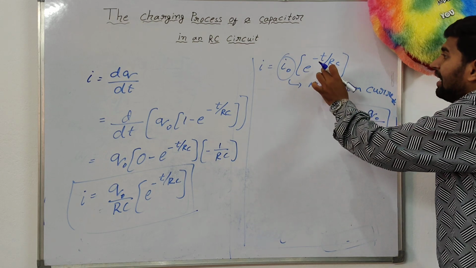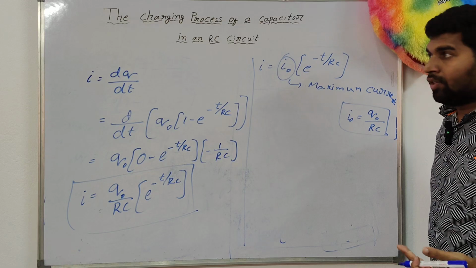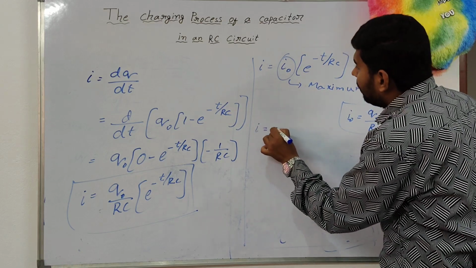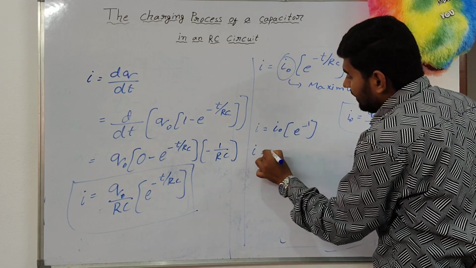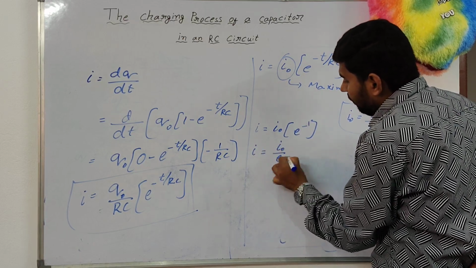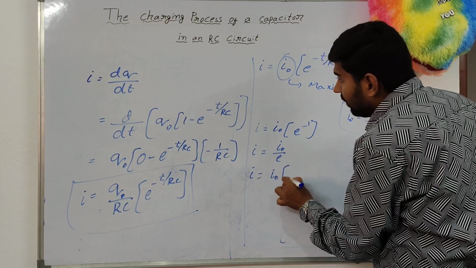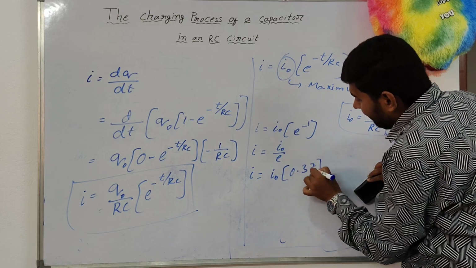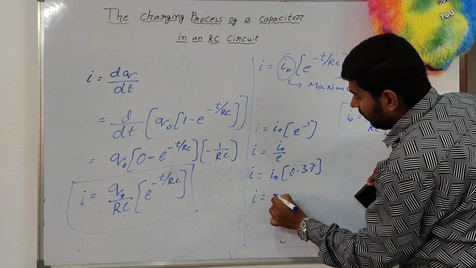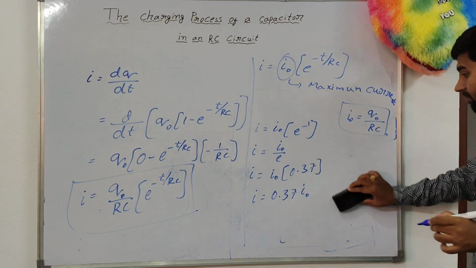Let us assume if the T and RC are both equal, what will happen? I is equal to I naught into e power minus 1. I is equal to I naught by e. Already we know that 1 by e value. I naught into, what is the 1 by e value? 0.37. From this I is equal to 0.37 I naught.